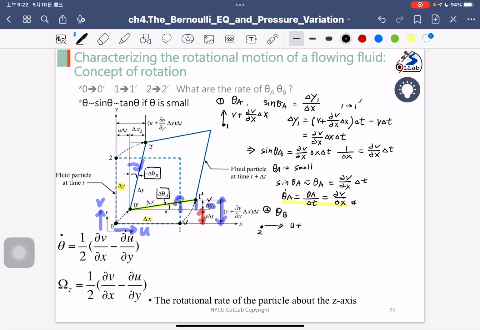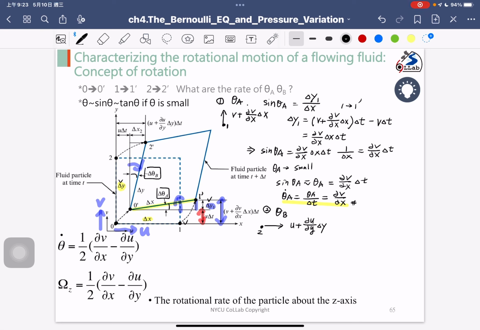And I assume a linear velocity gradient, so du along dy, the change in y, multiplied by delta y. Okay, so the velocity of point 2, going to the right, is u plus du/dy multiplied by delta y. Why do we multiply by delta y? Because the location change is delta y. Okay, so I assume the velocity is also changing.